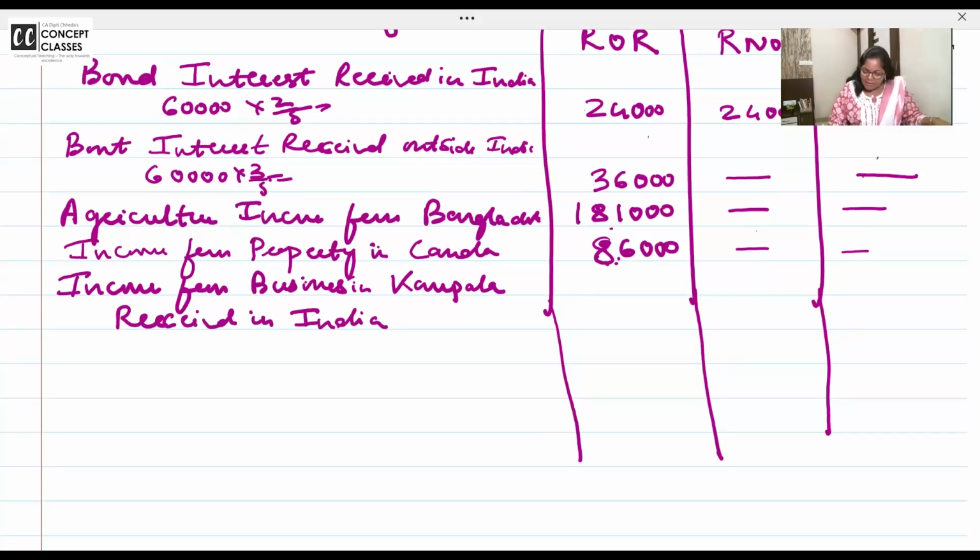How much is received in India? 15,000. Taxable for all. 15,000 is taxable for all.